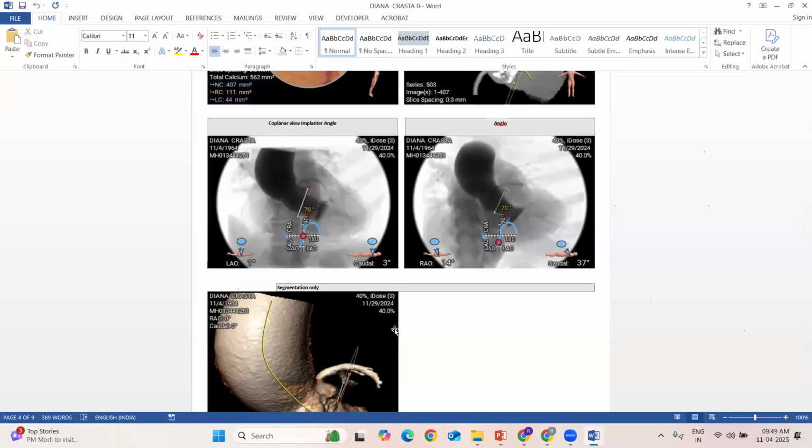Right. Okay. Dr. Rajan, there was one term just to reconfirm with you, coplanar axis or angle. So coplanar is this one which you are seeing on the left hand side. It's an image angulation.